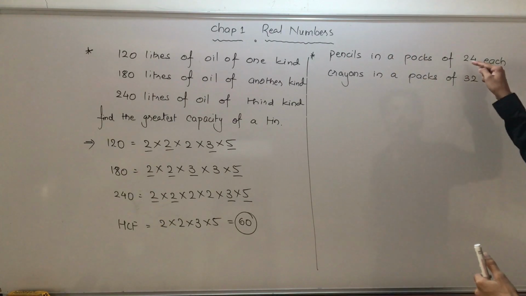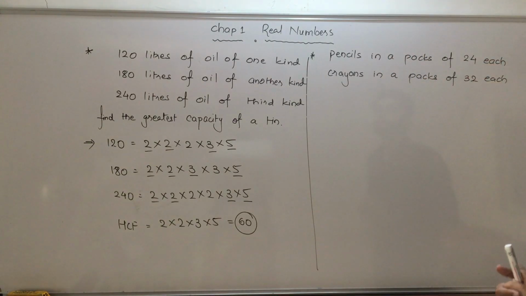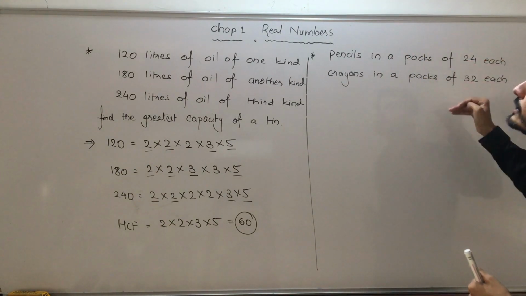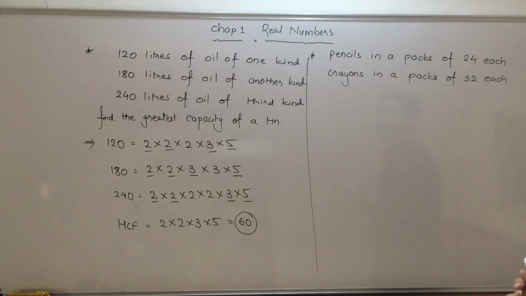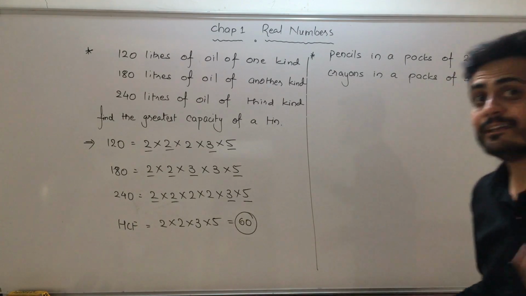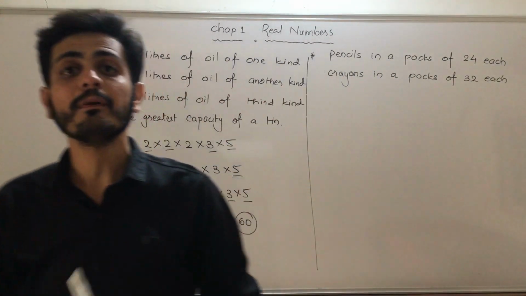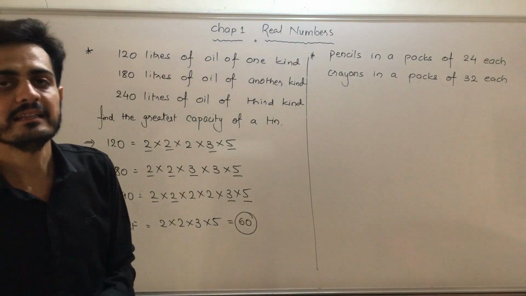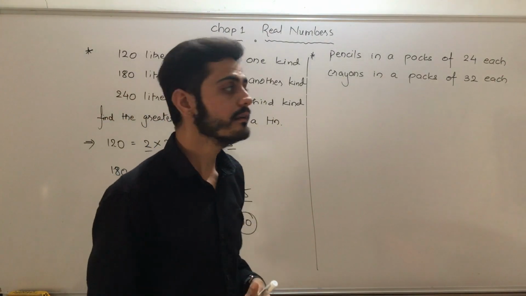Then how many of each do you need to buy? If you want to find how many full packs of each you need to buy, then obviously the number will increase from 24 and 32, so we need a number greater than the greater number: LCM. LCM gives a number greater than the greater number.